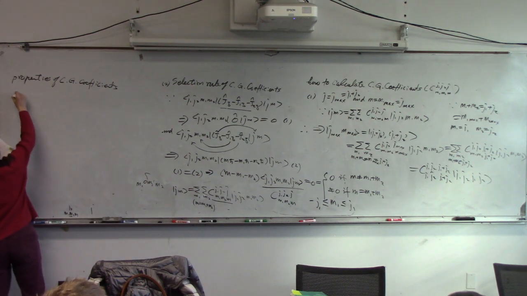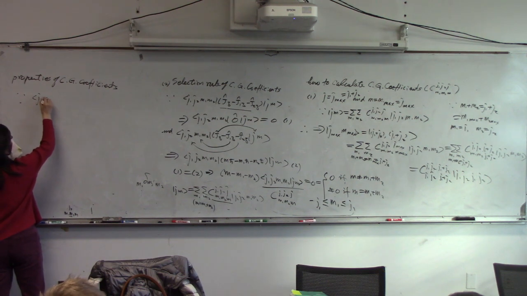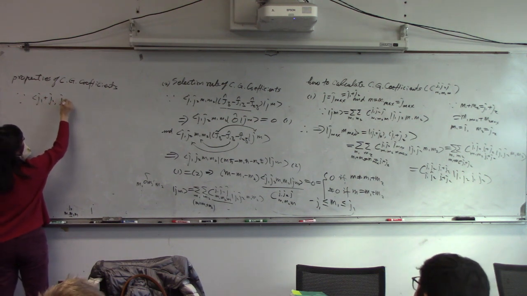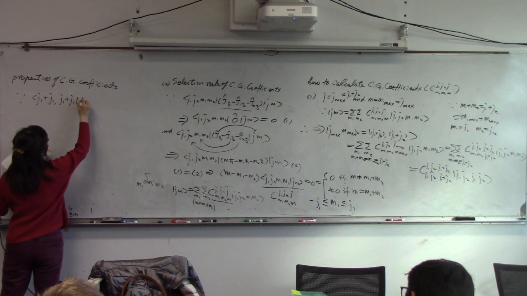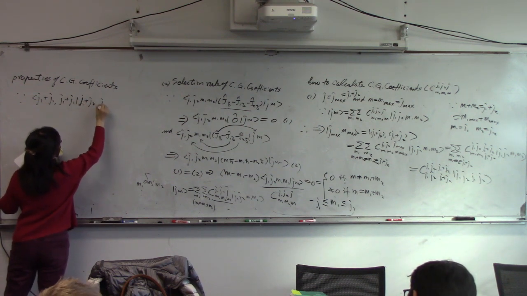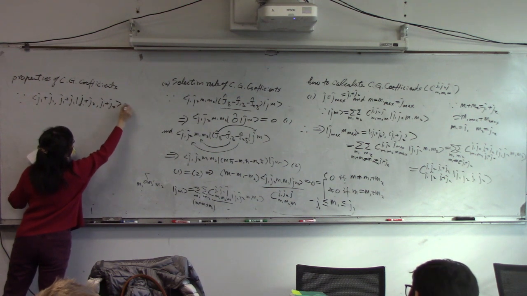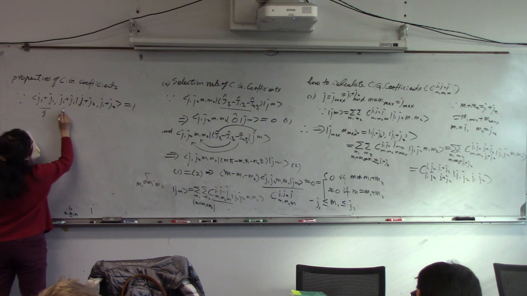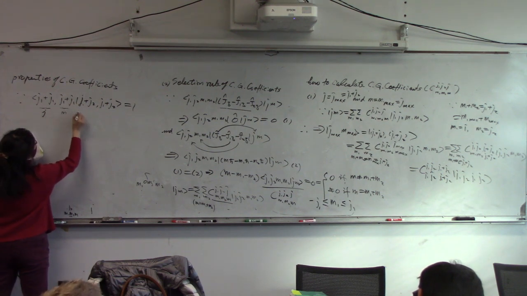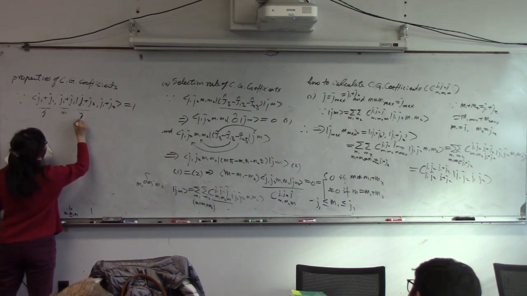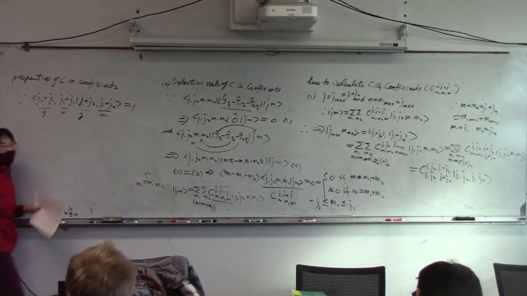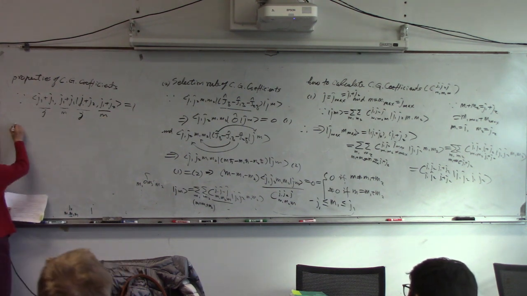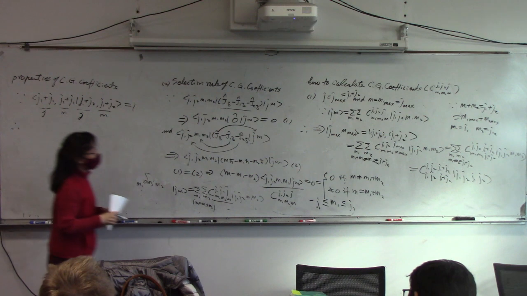So now J1 plus J2, J1 plus J2 multiplied by itself equals 1, right? This is a J, this is an M, this is a J, this is an M, right? So that is normalized. So that is this one, right?